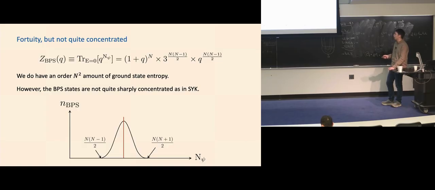In this model, it still has a pretty big width, roughly of order n. So that signifies this model is less generic compared to the SYK model in some sense.